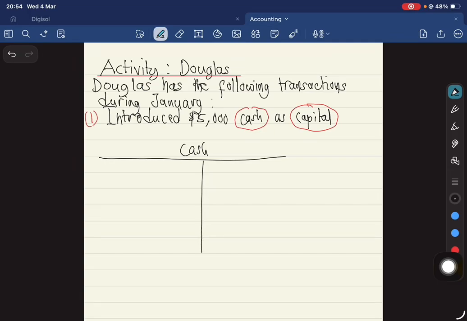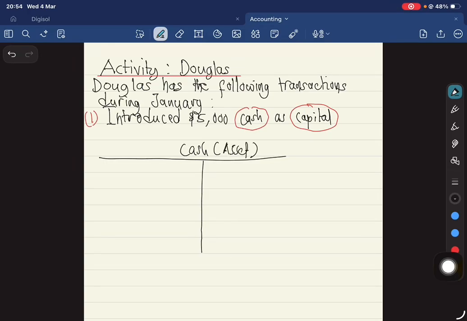First, what is cash? Cash is an asset. It's what Douglas has put, 5,000 cash, into the business. So now the 5,000 belongs to the business. So cash is an asset.